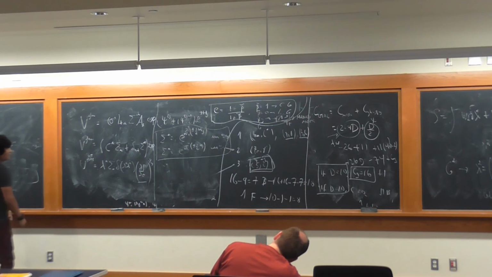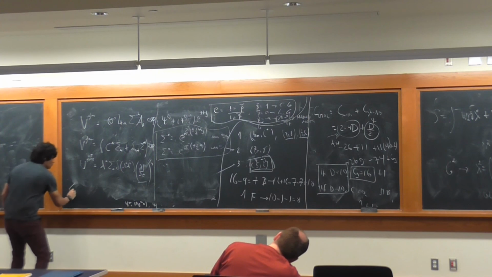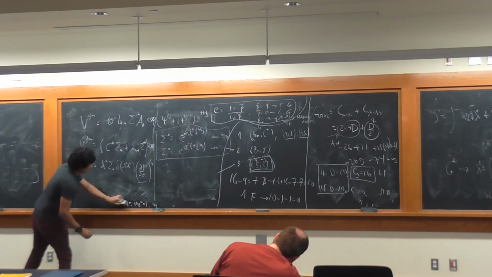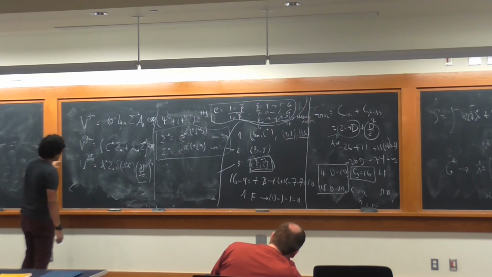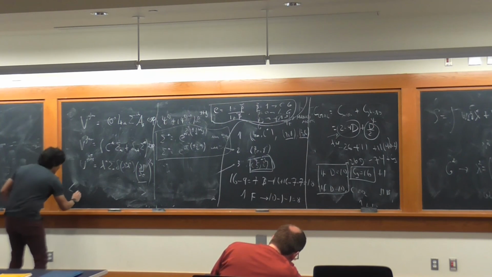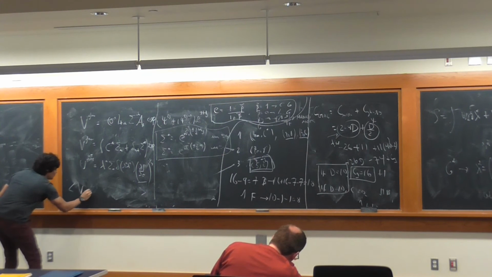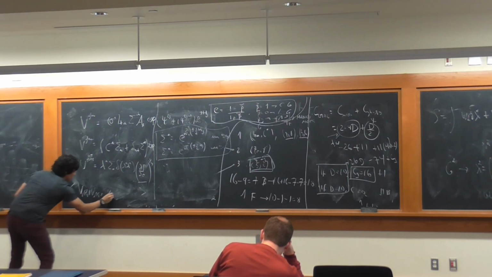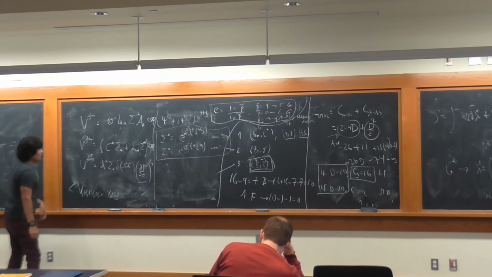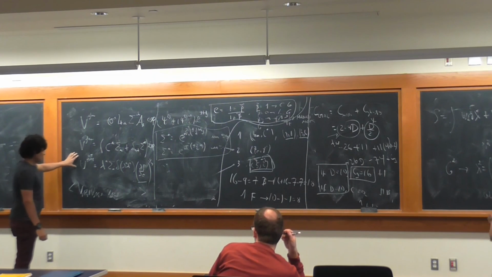Okay, so the prescription is that you have to introduce n vertices for the external states. I mean, for n-point interactions, you have to introduce n vertices. So you will have B1, C1, B2, C2, until Bn, Cn, and you have to introduce n minus 2 interaction point vertices.